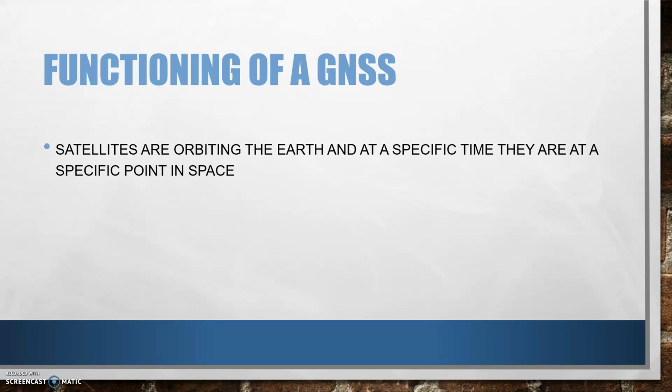So moving over to functioning of a GNSS. Satellites are orbiting around the Earth and at a specific time they are at a specific point in space. So there is an uplink station that is attached to the space segment of a satellite system. Uplink station refers to all the communication that is being held between the station and the space segment.